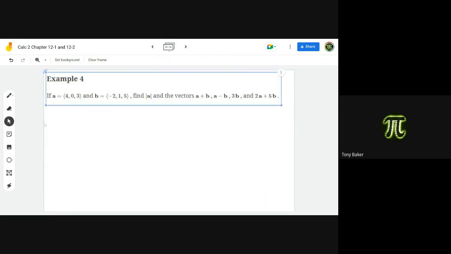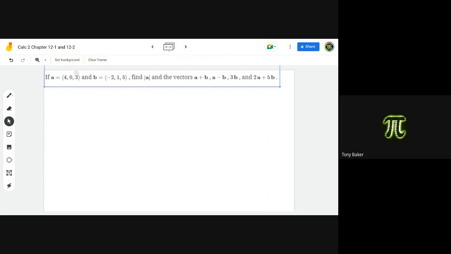All right, so we've got 2 vectors here, and we're going to find some things about them. I'll write them a little bigger.